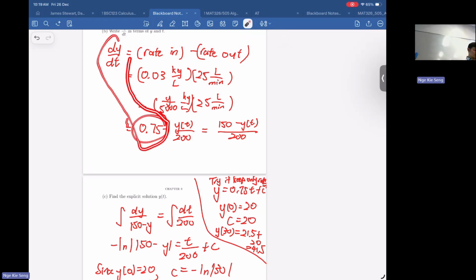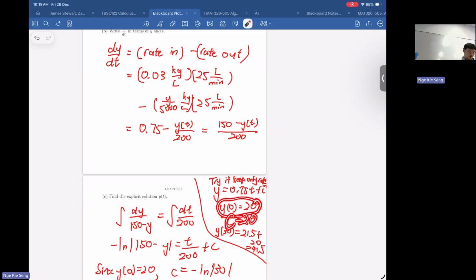So you don't even need the separable equation to help you, but then you get y equals 0.75t plus c. And then if you check y0 is 20, then actually that constant is 20. Then you check at 30 minutes, you multiply by 30, you get 22.5. And then you get 42.5.